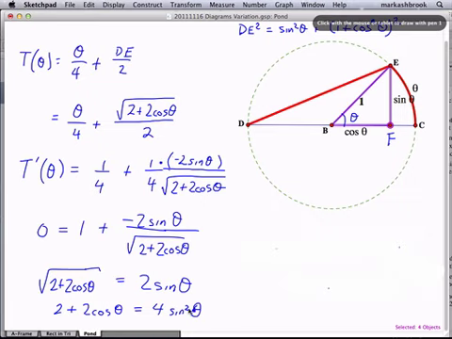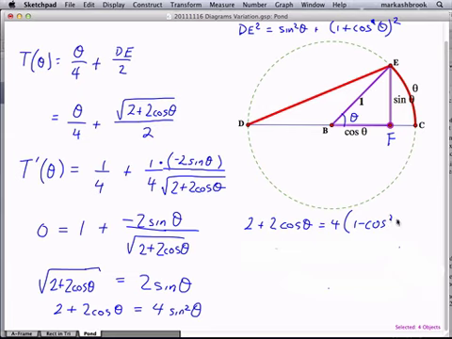So we'll have a cosine squared term, a cosine term, and a constant. So sine squared is 1 minus cosine squared. Here's our quadratic: 4 cosine squared theta plus 2 cosine theta minus 2 equals 0. Divide by 2.